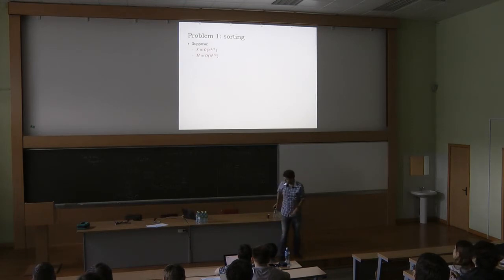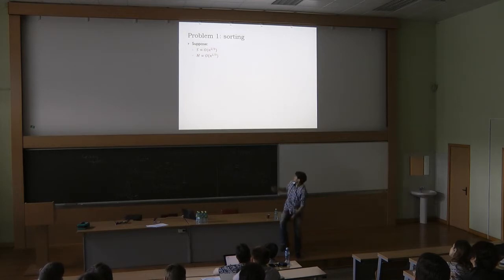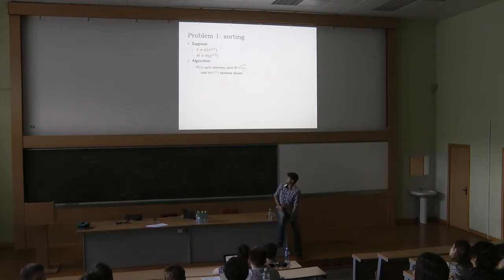Suppose the space is equal to n to the power 2/3. So the space is somewhat larger than the number of machines. Remember that S times M is equal to n, so this works out. N is the number of elements to sort. Okay, so what do we do?